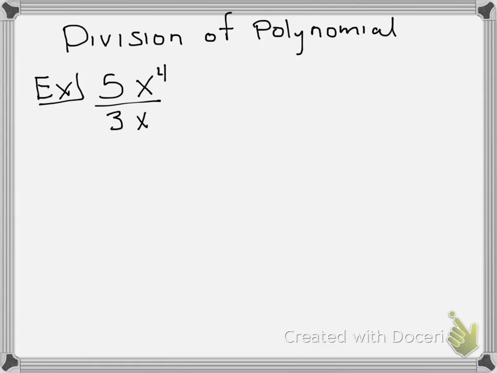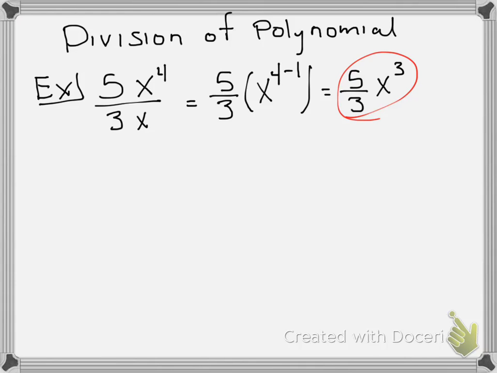I'm going to keep it as a fraction, 5 over 3. And then we divide x to the fourth over x, and we remember from the first section that that gives us x to the 4 minus 1, which is 3. So we have 5/3 times x cubed.